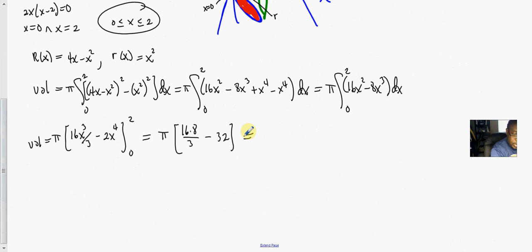Now, then you calculate all of that, and when you do, you get on a calculator 32 pi all over 3. It's good stuff.